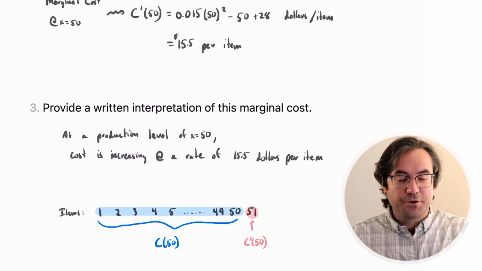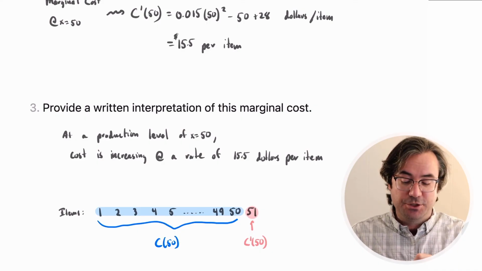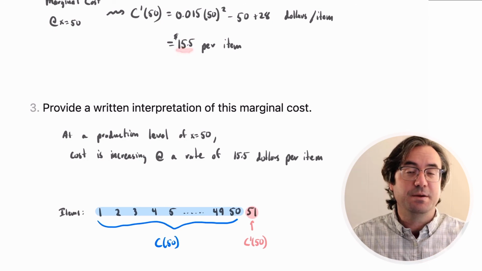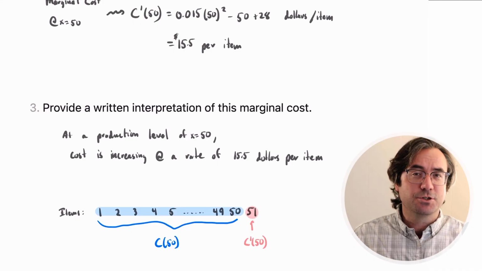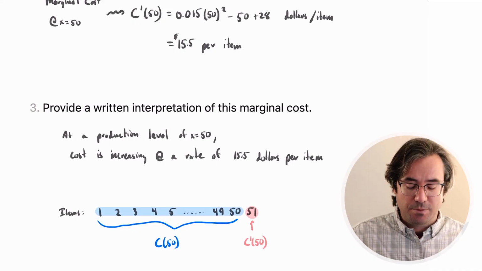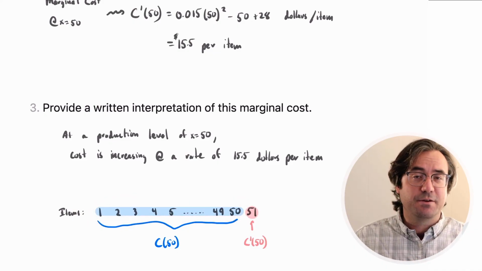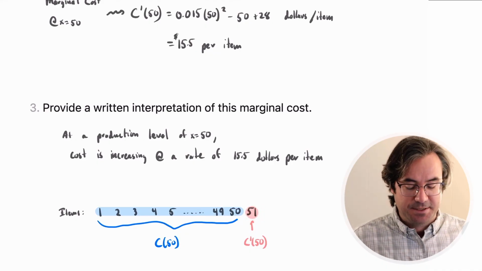So another interpretation: the marginal cost is a rate, so it's a rate of change. It's telling us it's increasing at a rate of $15.5 per additional item. But another way to think of it is the marginal cost or marginal revenue or marginal profit, once we've gotten all, in this case, 50 items out of the way, the marginal function's telling us what happens next.